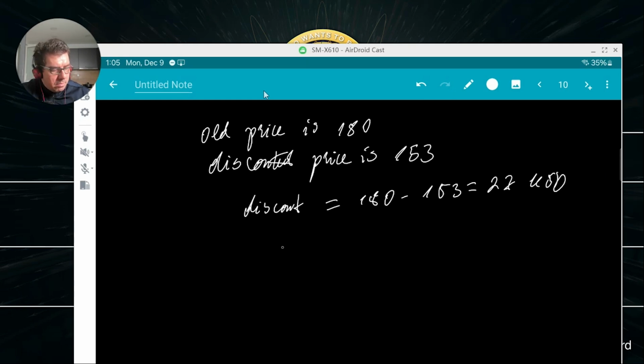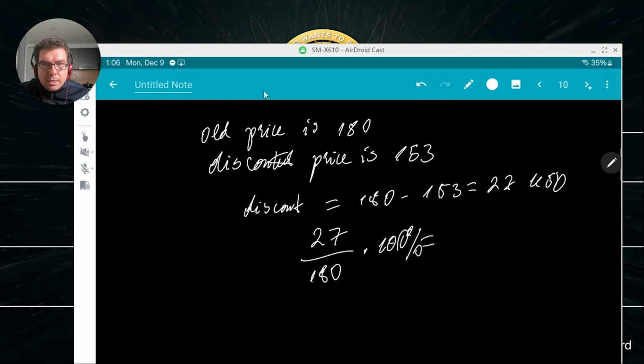So we just write it as a percentage. 27 over 180 times 100. This is how we convert it into a percentage. So 100% I can add here, because 100% basically means 1, right? We are just multiplying by 1 essentially.